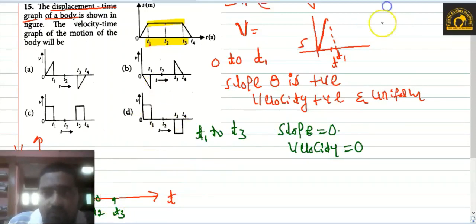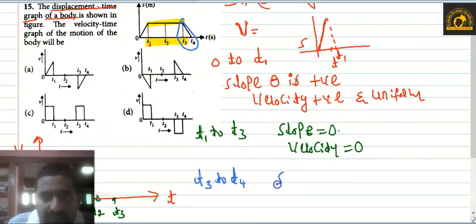Then t3 to t4. Let's see this one. The slope is negative.